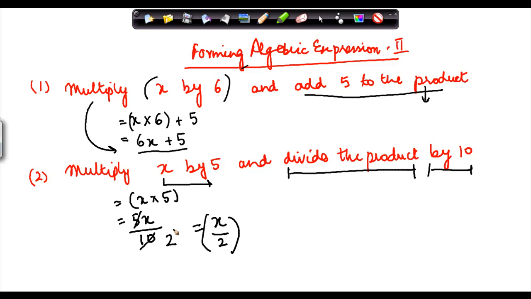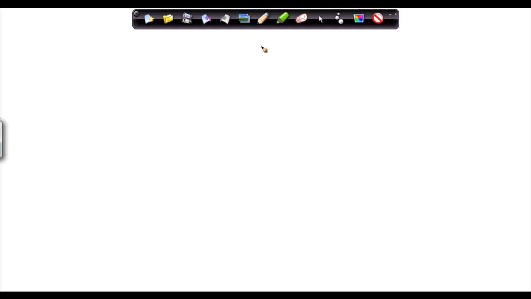Right? So now let us move on to some more expressions that we can form. Okay, so the third question. Subtract 17 from minus x. Now this is interesting.